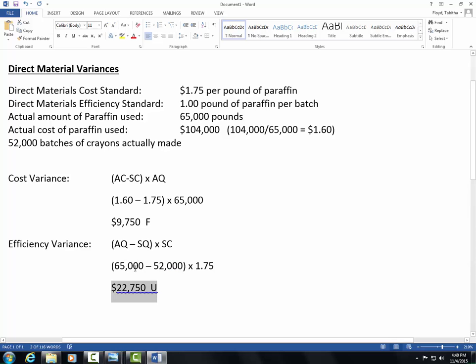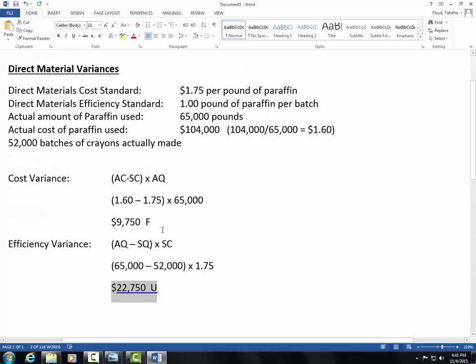Why did we use 13,000 pounds more than we thought we were going to use? Were our workers wasting material, or did our equipment malfunction that messed up a lot of the wax, or did we just get a lower quality wax that caused problems in our production line?